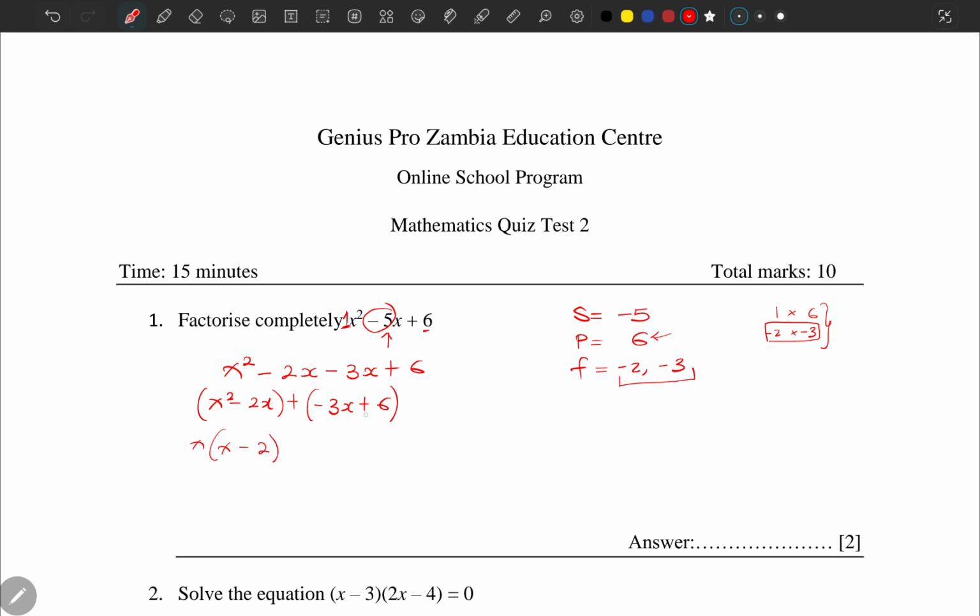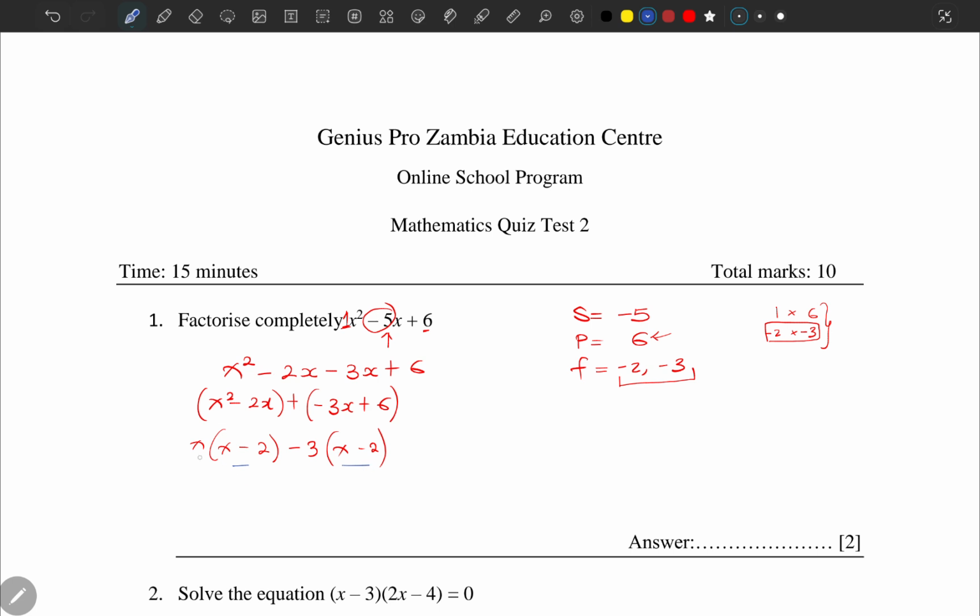Now, I need to have a minus here because there's a minus here, so I'm also going to take out the negative. 3 is common. I take it out. If I divide -3 into -3x, I remain with x. Negative into positive, -3. So 3 into 6 to give me 2. You can see that I'm having something common here, which is what we needed.